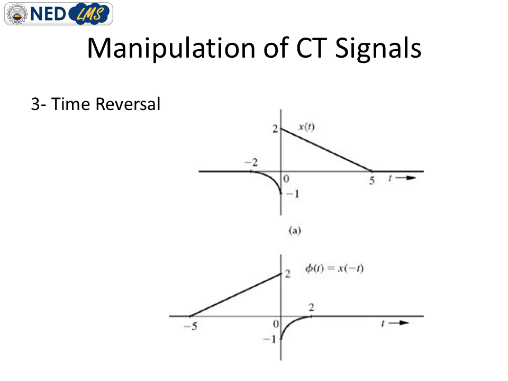So just a simple rotation about the vertical axis, exactly 180 degrees. This time reversal, or we can say the reflection of the original signal x of t about the vertical axis, gives us the second signal, which is phi of t as shown in the second figure B.